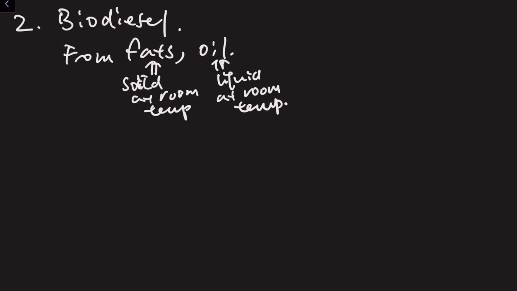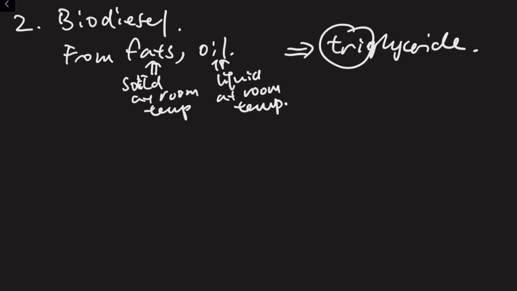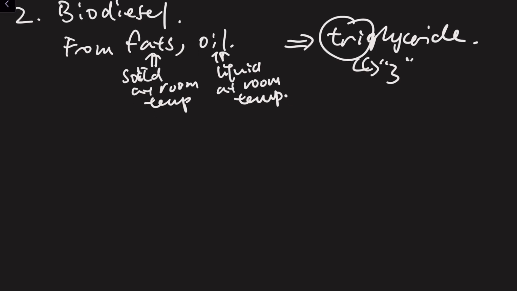Another name for fats and oil, you will encounter this in Unit 4 chemistry as well. It is called triglyceride. So tri means 3. So let's look at what fats and oil actually look like.